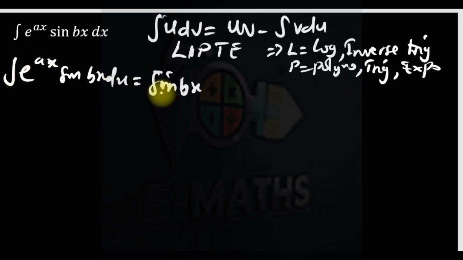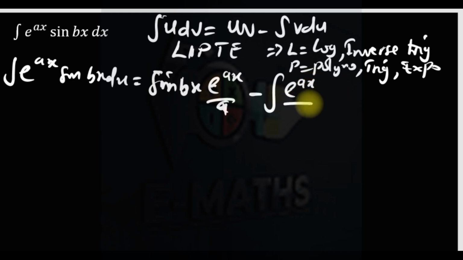The integral of e raised to the power ax dx is e raised to the power ax over a, minus the integral of v, which is e raised to the power ax over a. That's if you integrate this, that's what you get. du, if you differentiate sine bx, is b cos bx dx.